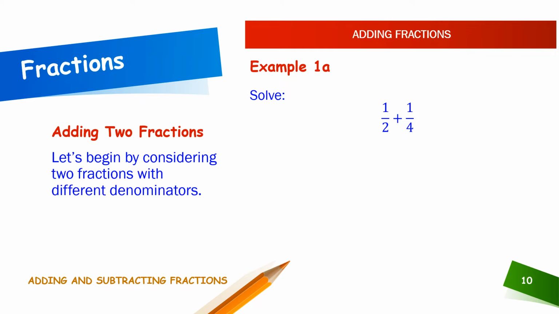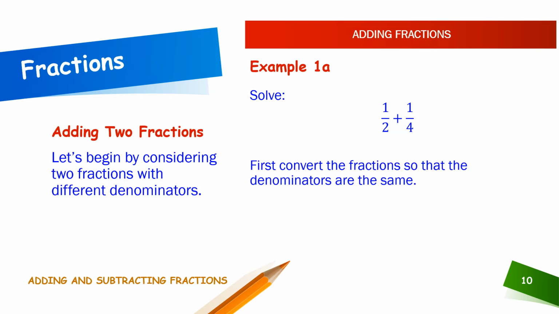How would we solve 1 out of 2 plus 1 out of 4 without diagrams? First, convert the fractions so the denominators are the same. Here, we only need to consider 1 out of 2, as this can easily be converted to have the same denominator as 1/4. Multiply the numerator and denominator by the same number 2 to give 2 out of 4.